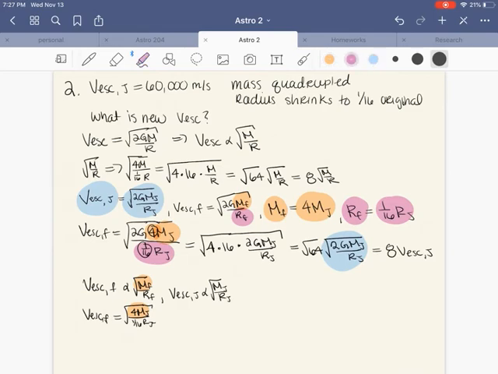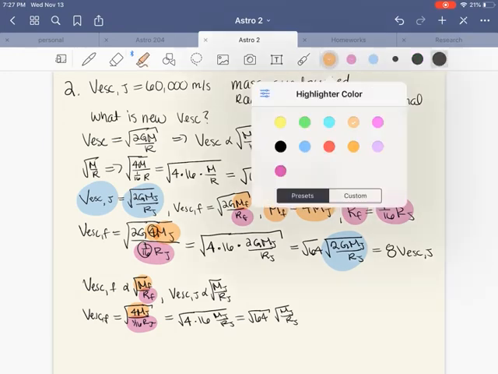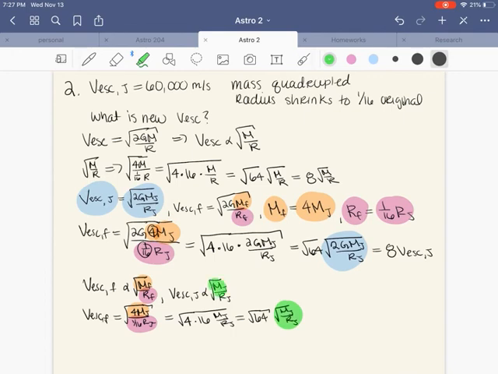I've done the final radius. And then again, I'm going to pull out this 4, pull out this 16, mass of Jupiter over radius of Jupiter. Again, we've got root 64 times root mass of Jupiter over radius of Jupiter. That right there is proportional to my initial escape velocity. So we've got 8. So I've got my proportion that v escape final is equal to 8 times the escape velocity for Jupiter.